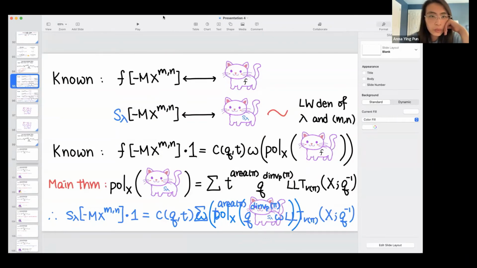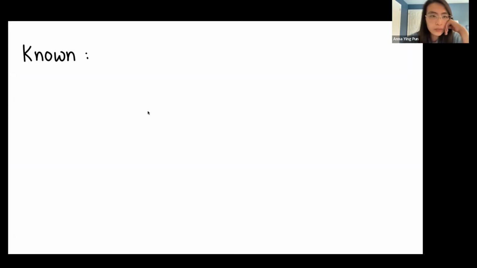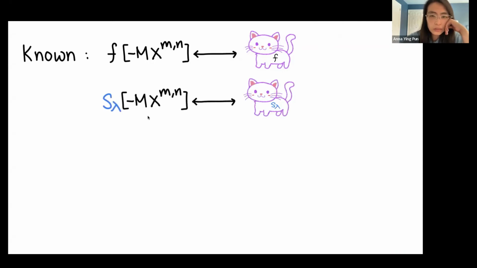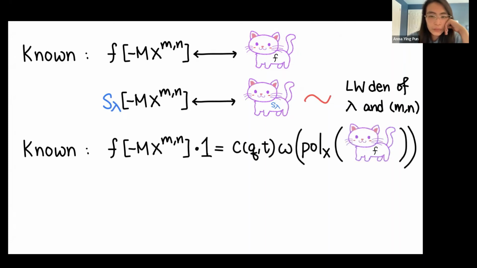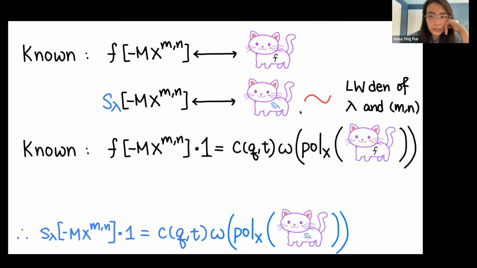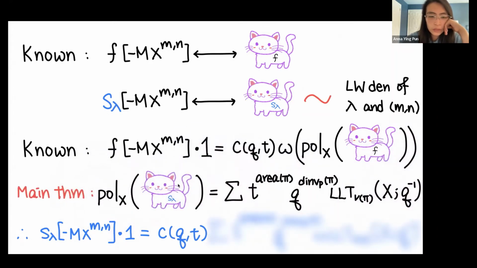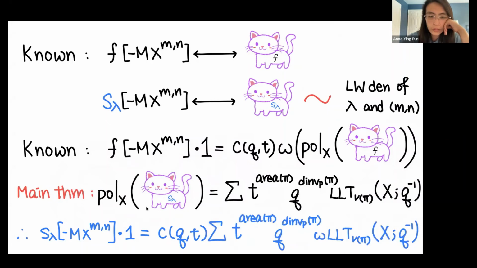Because I know the relation between the Schur Cat and this, we just have our Schur Cat, and the main theorem is to study the Schur Cat. So this is our main theorem. I just need to know what the polynomial part of our Schur Cat is.